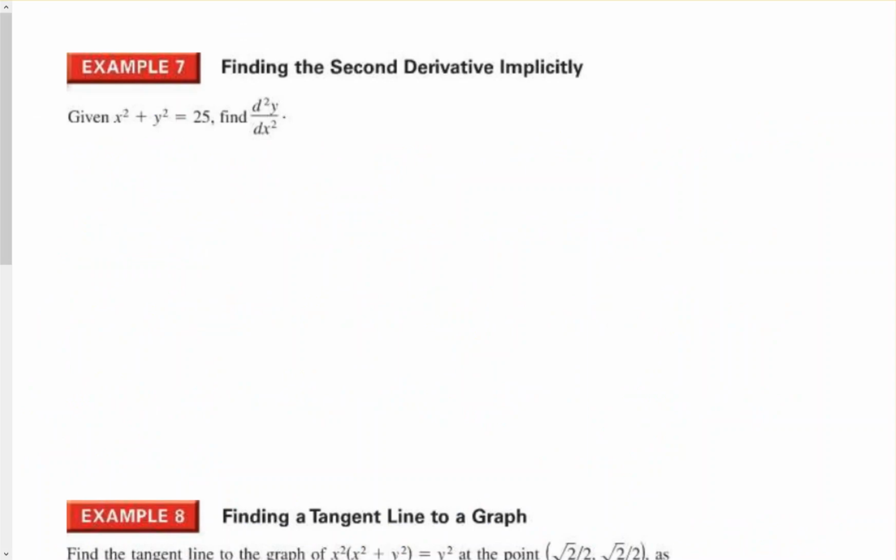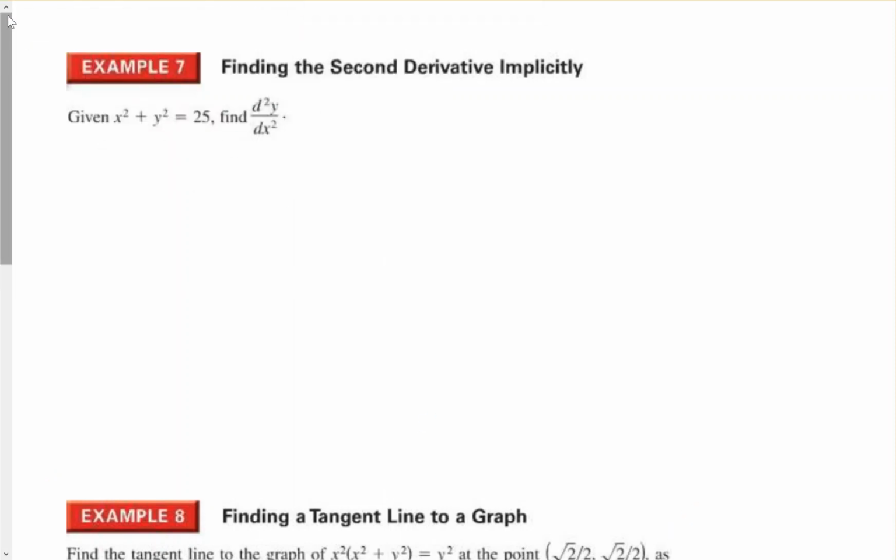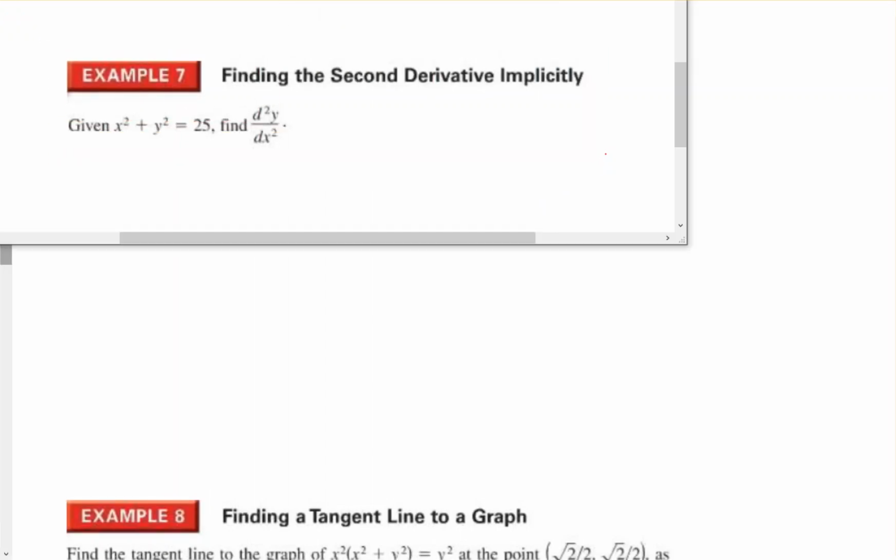Okay, finding the second derivative implicitly. For this one, let's take a look at it on a separate page.